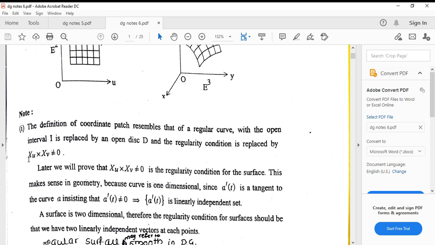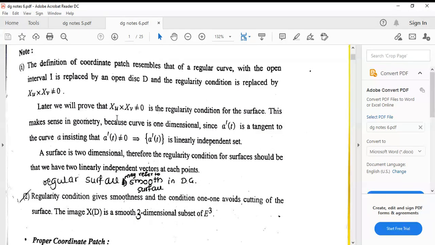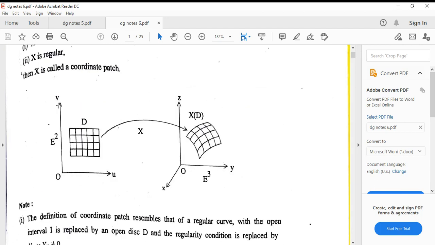In the next lectures, we will prove that xu cross xv not equal to 0 gives the condition of regularity. What are xu and xv? It means that function x is differentiated with respect to u, and with respect to v. That is, x is some function of u and v, because we have only two parameters here, u and v, instead of x and y.